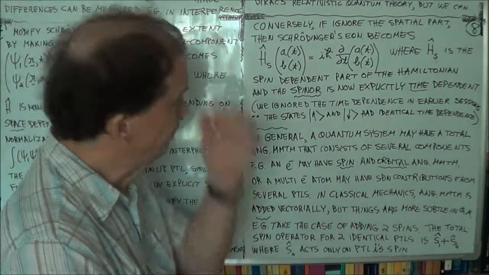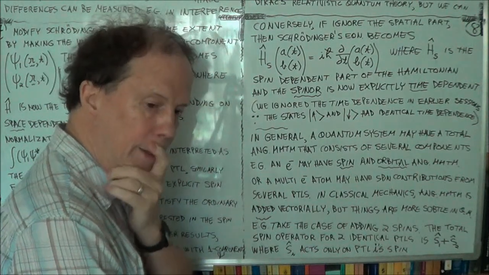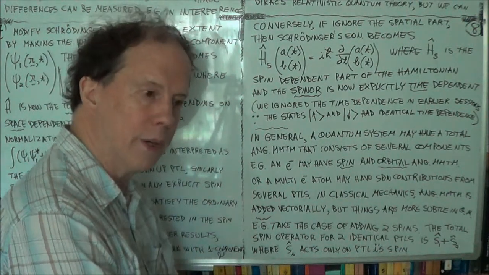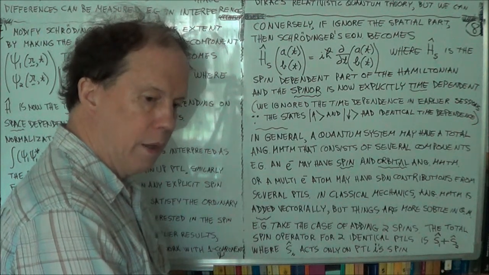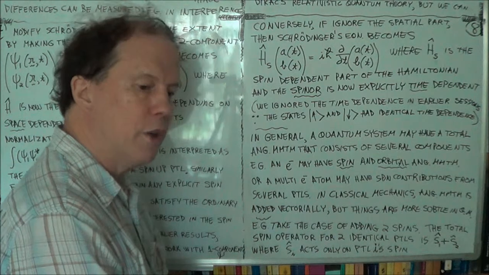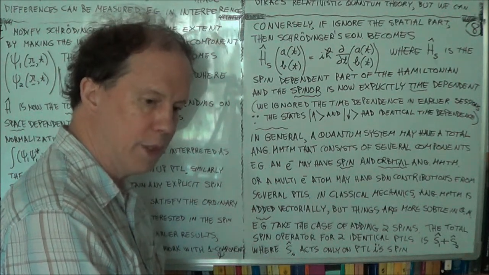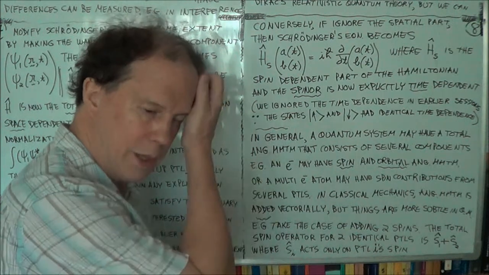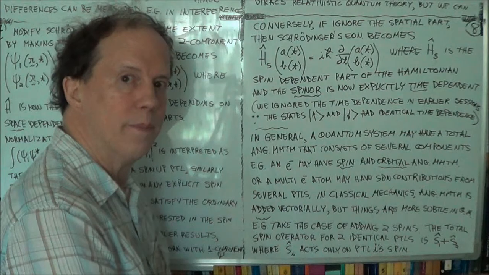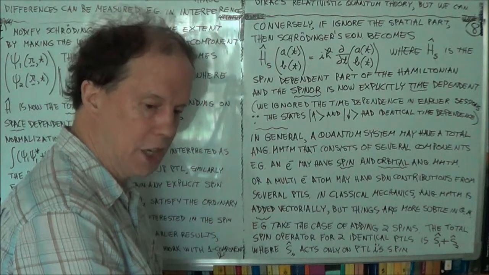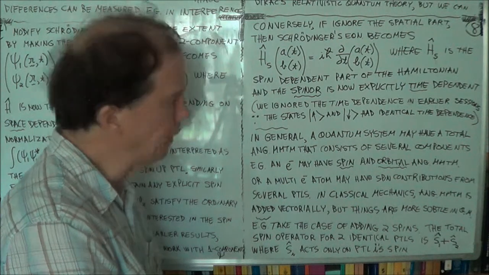Now, conversely, say now our two-component wave function, where the Hamiltonian in general depends on the spin and the position. So there are terms like the kinetic energy depend on the velocity, and the potential energy like V would depend on the position, stuff like that.